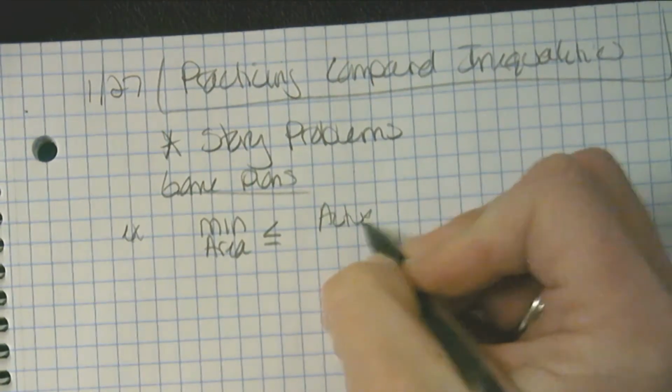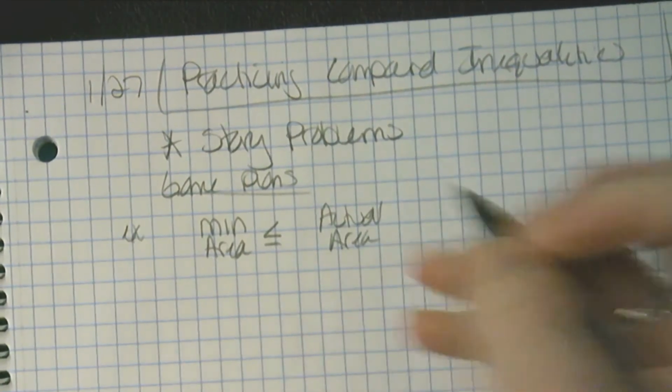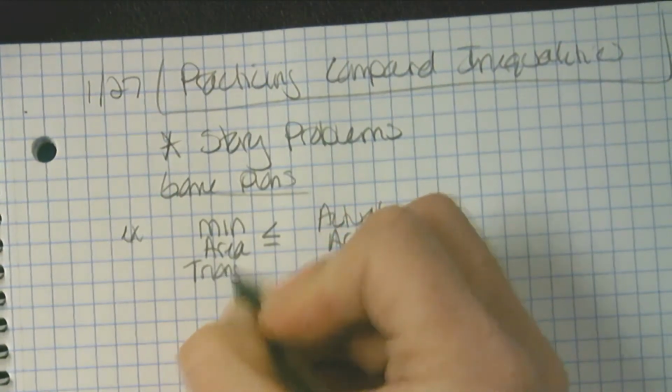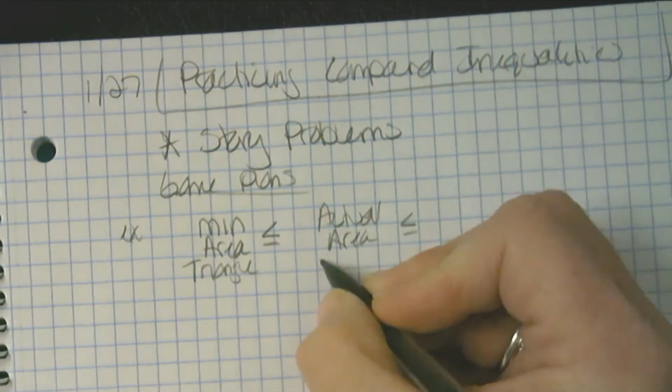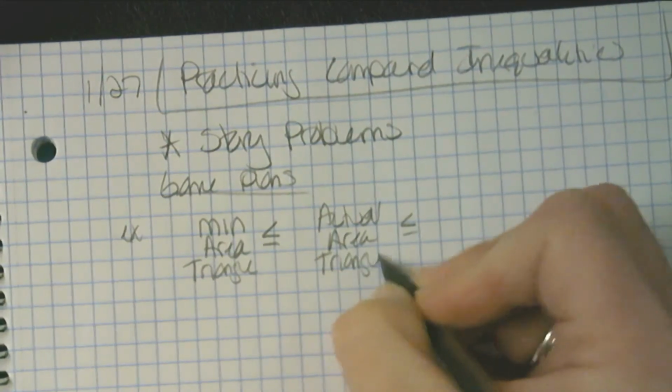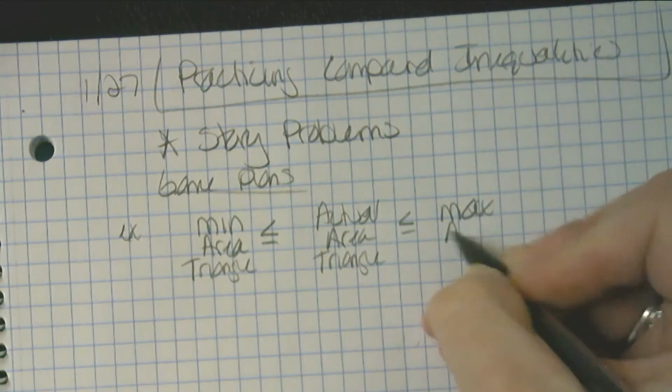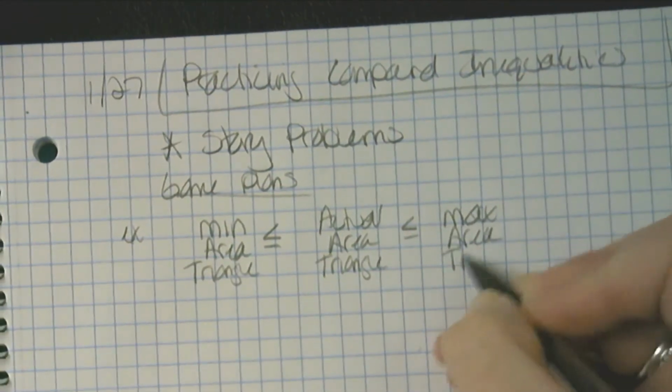This is the actual area. Let's say area of a triangle. So actual area of a triangle, which is less than or equal to the maximum area of a triangle.